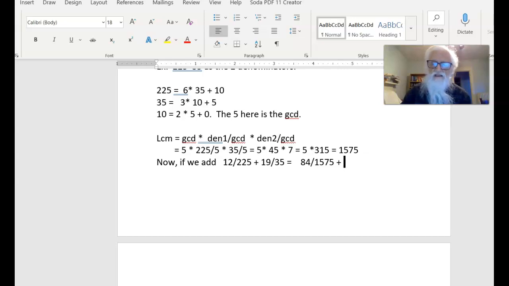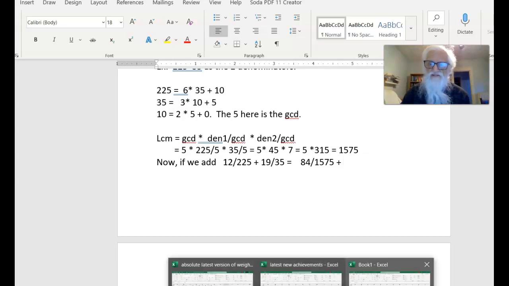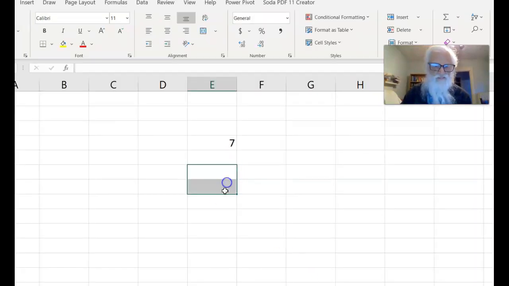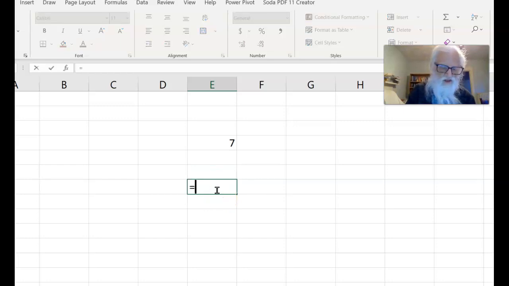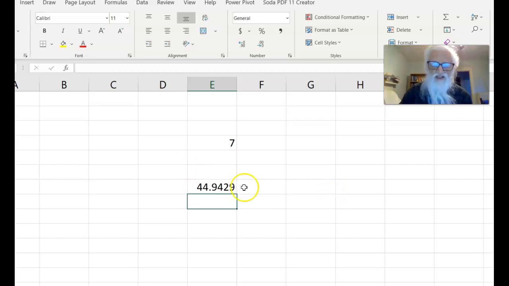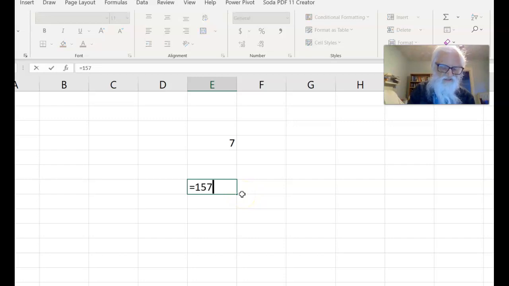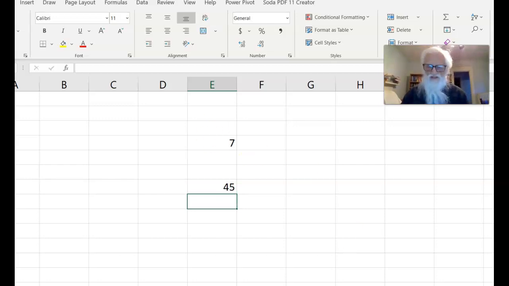Now the other side, let's see, what did I do here? 35 was the denominator. So I put 35 into 1575. 1575 divided by 35 is 45.